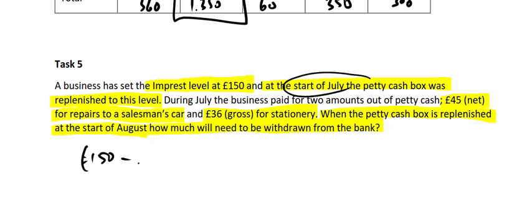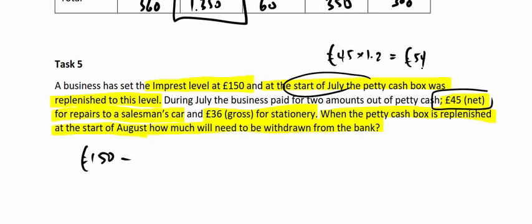One thing to watch for though is the £45 is a net figure. So actually we would have paid a gross value. So to go from net to gross, we add 20%, multiplied by 1.2, which I get as £54 gross value for the repairs that we would have to have paid.